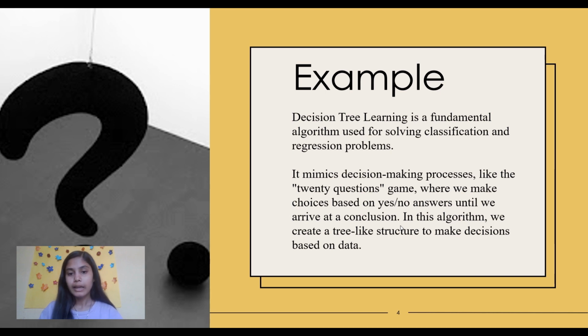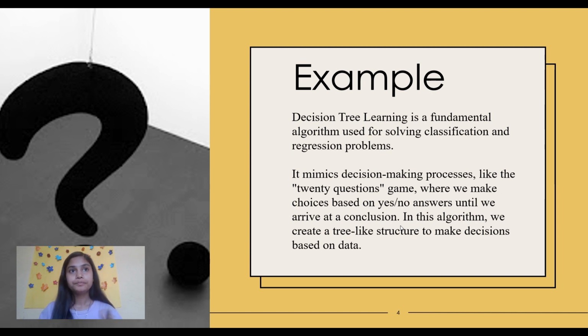Okay, it mimics decision making processes like the 20 question game, where we make choices based on yes or no answers until we arrive at a conclusion. In this algorithm, we create a tree like structure to make the decision based on data.